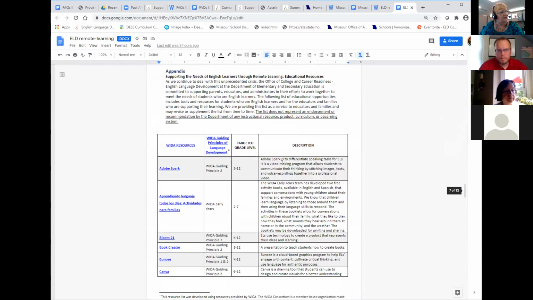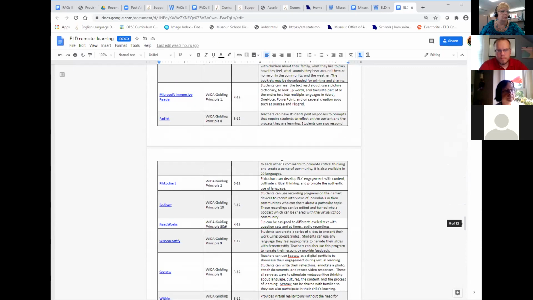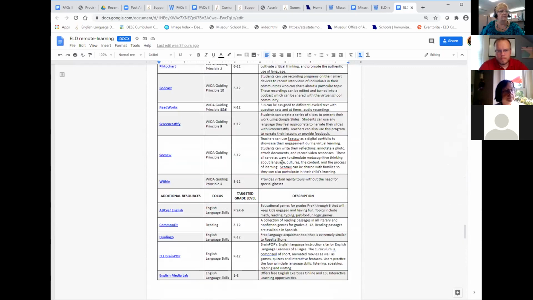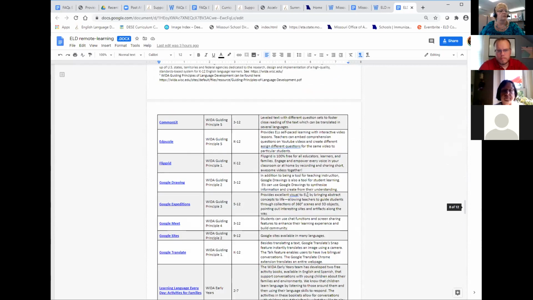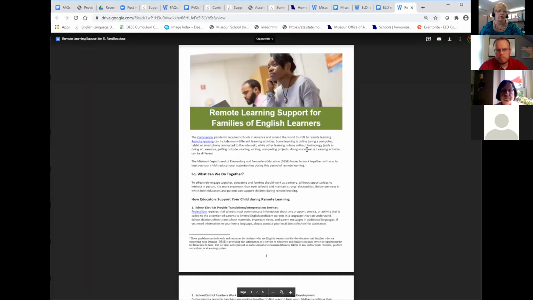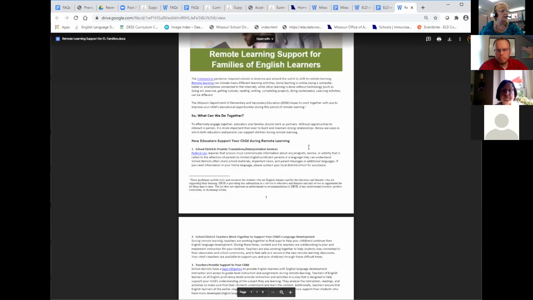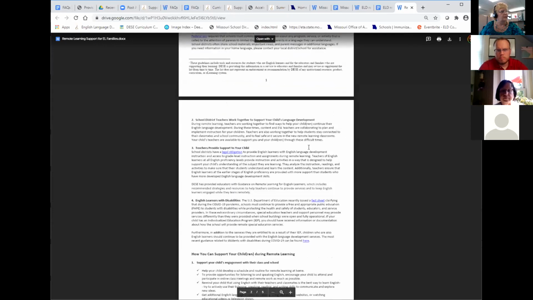And then at the end, there's a list of different resources that have been vetted, most of them vetted by WIDA themselves, and how they align with our WIDA standards. So that was a document from them. And then another one on supporting our families, English language learners, and things that we can do.